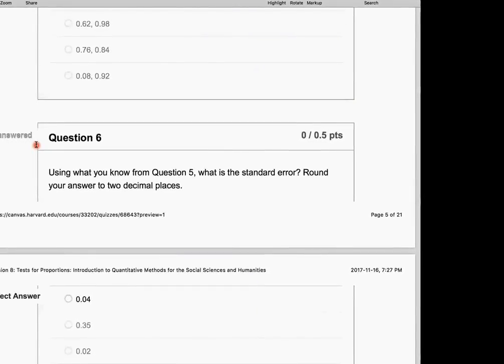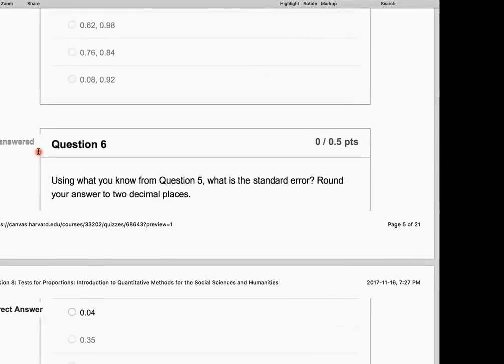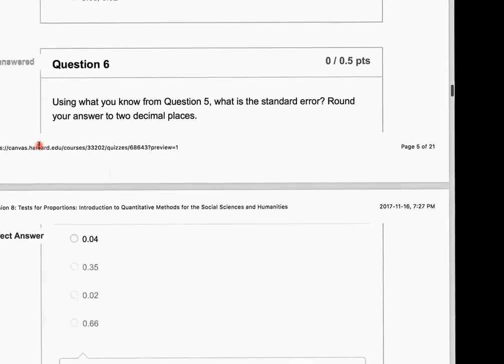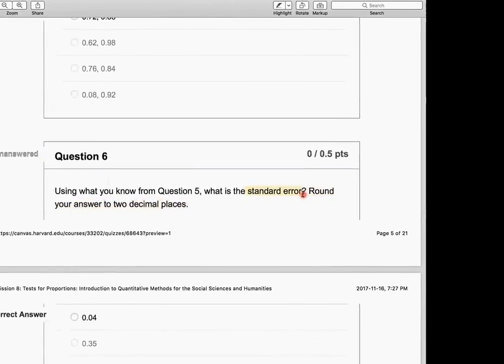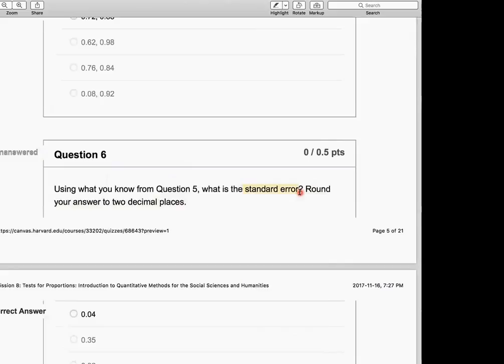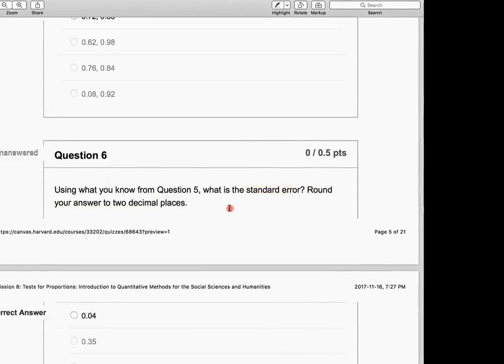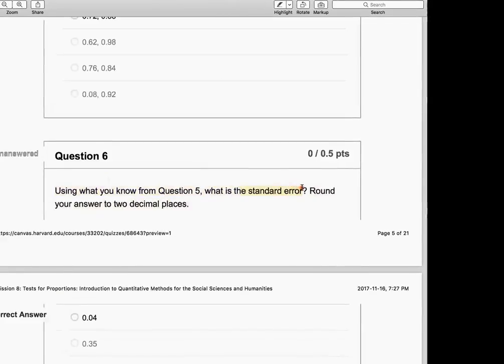So for question 6, we prompt you, using what you know from question 5, what is the standard error? Well, keep in mind you might also be asked to estimate the margin of error using just the standard error. Just remember that the margin of error is 1.96 times the standard error, so it's basically double the standard error.